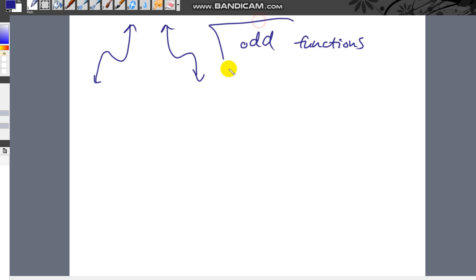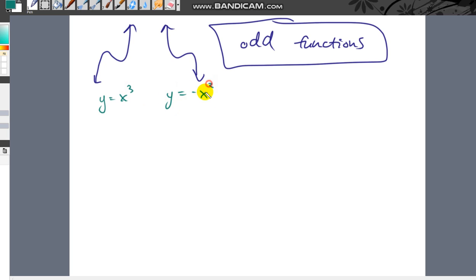This would be something of the form, maybe like y equals x cubed, and this would be like y equals negative x cubed. The reason it's flipped the other way is that the graph is just flipped over the x-axis. The way you can tell it's odd is the degree. If you consider the degree of the polynomial, that can tell you whether you have an odd or even function.